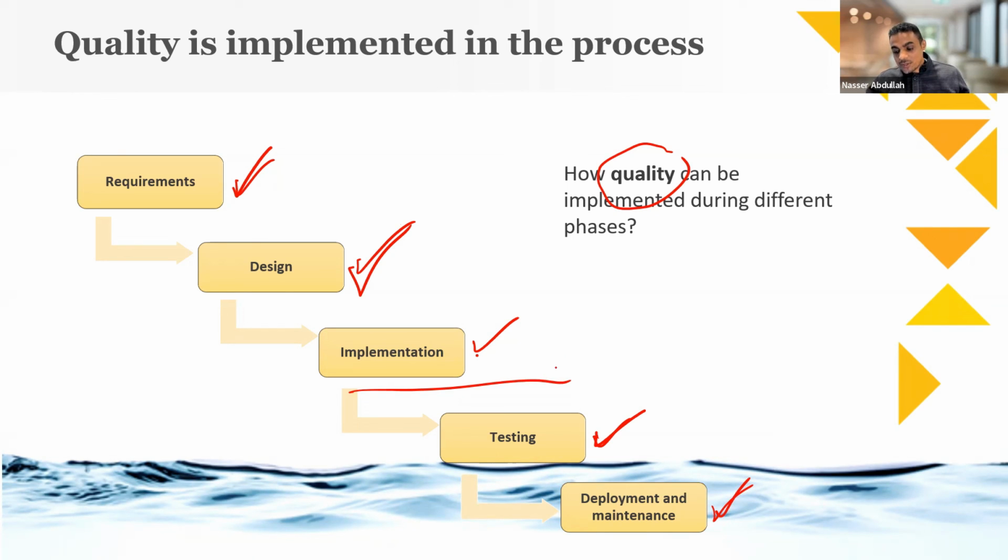Because we consider that after implementation you have a complete system, and now you come to test it. After that, deploy it. So the most important thing is the first three stages, but not only the quality in these three stages, but in all.